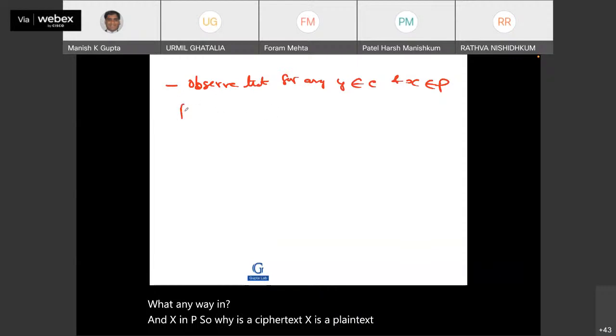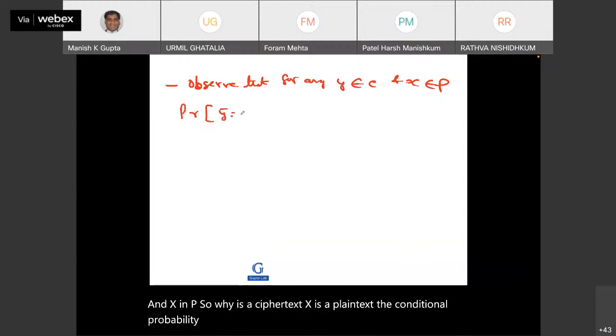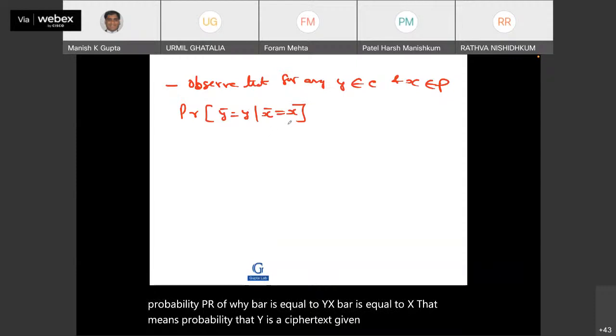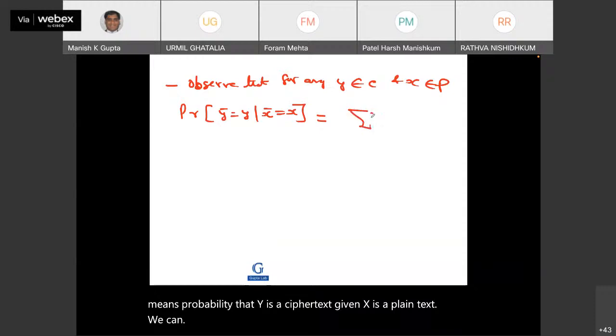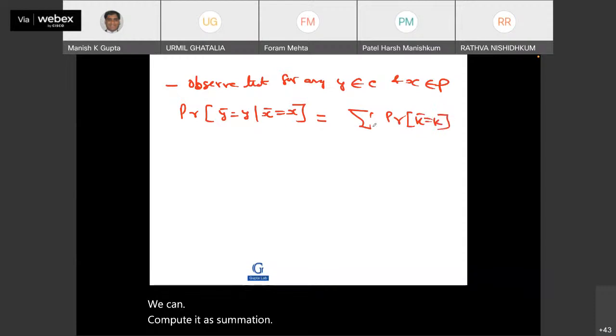The conditional probability Pr[y bar = y | x bar = x], that means the probability that y is the ciphertext given x is the plain text, we can compute it as the summation of Pr[k bar = k] such that x = d_k(y), right?